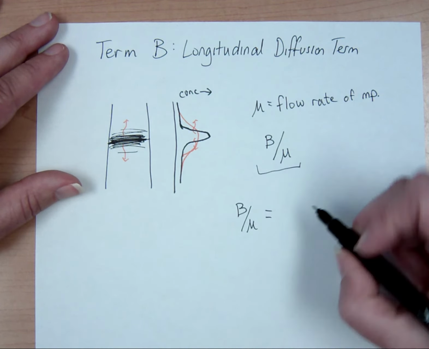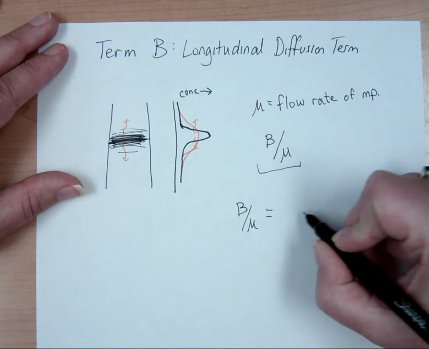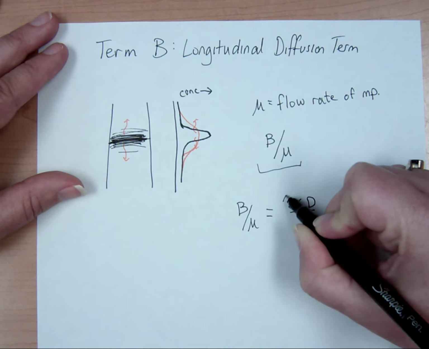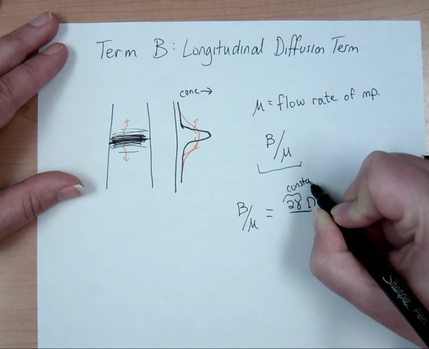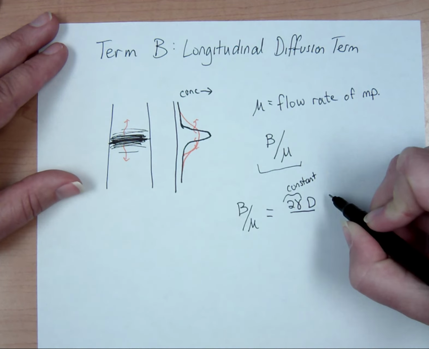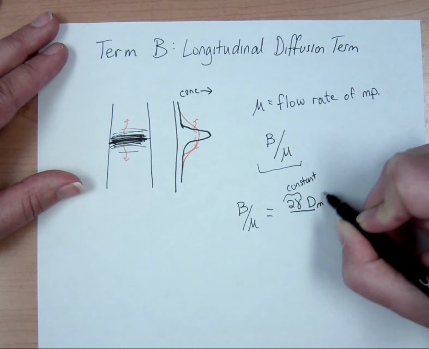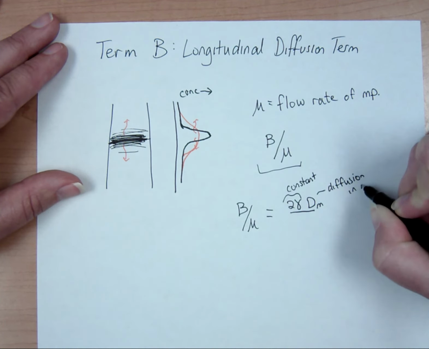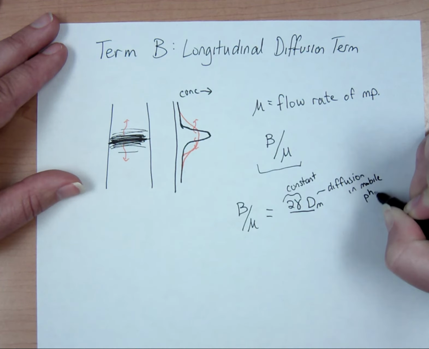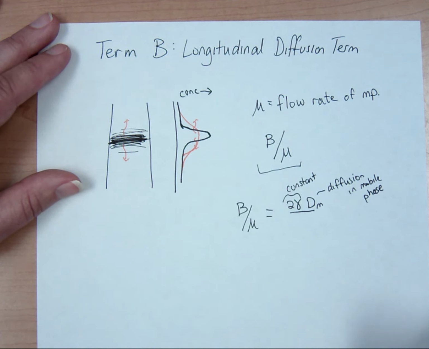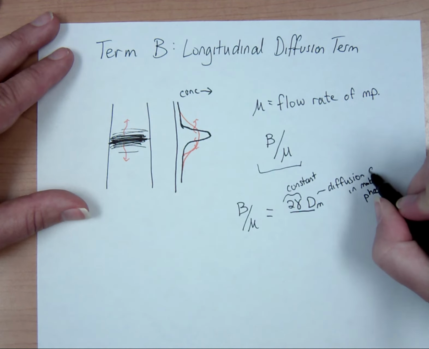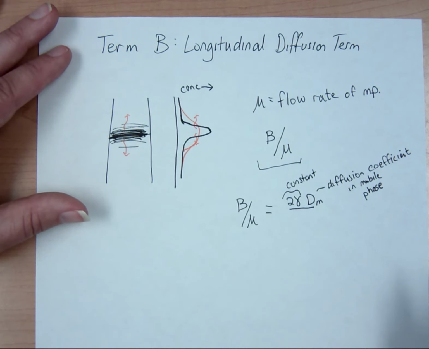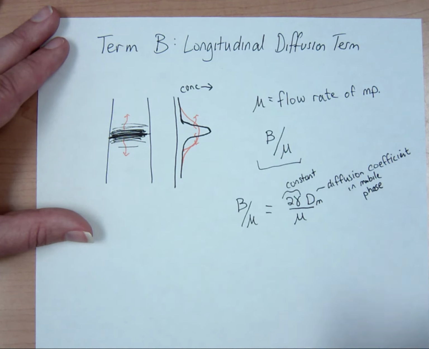So when we are thinking about what this B term equals, we can write this as a relationship between a constant that's specific to the analyte and the column, and the diffusion coefficient in the mobile phase. I'll write that word, coefficient. And then this is, again, inversely proportional to mu.